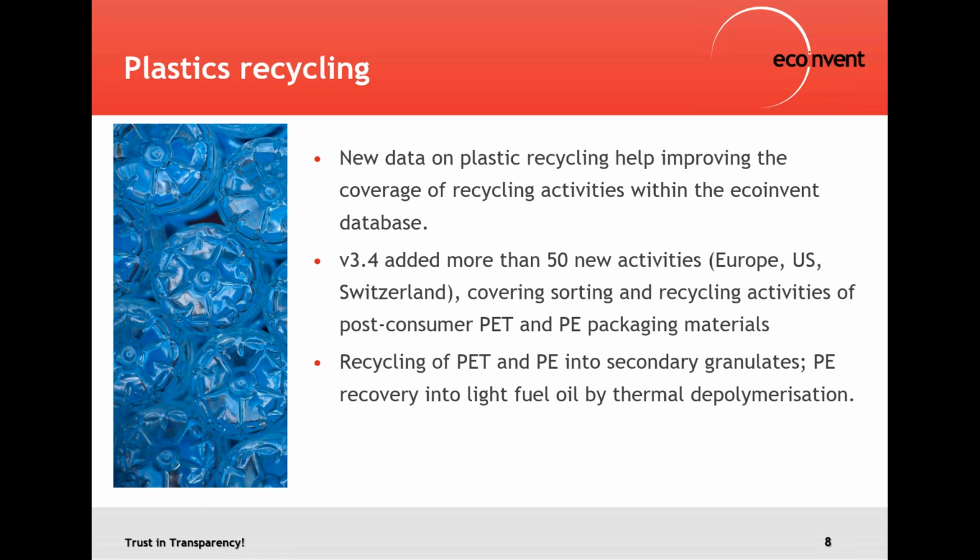It's soon downloadable from our frequently asked questions, because we prepared it as a general answer to our users, and also from the report on the electricity additions that we have made for 3.4. There are two maps of the world, one for the attributional situation and the other for the consequential.